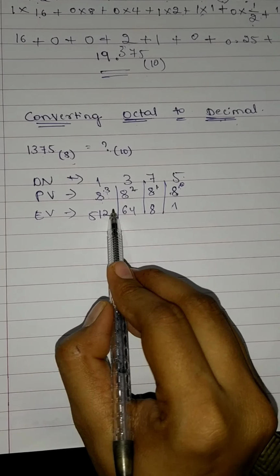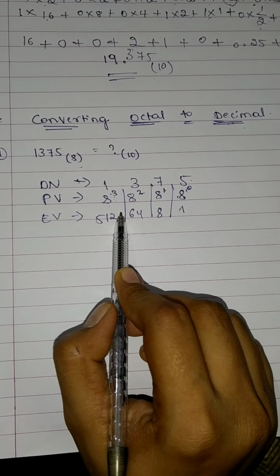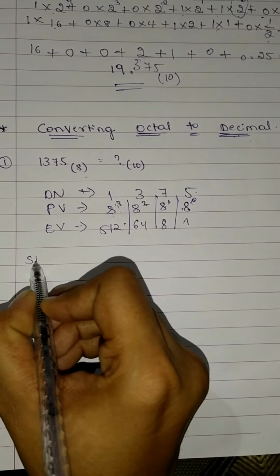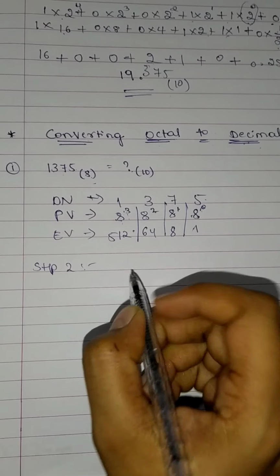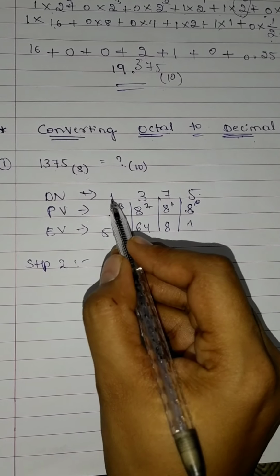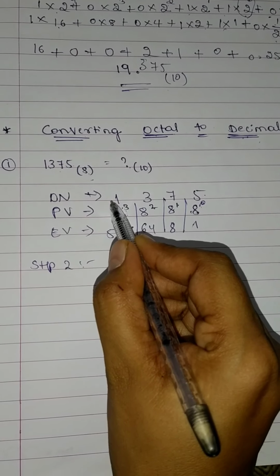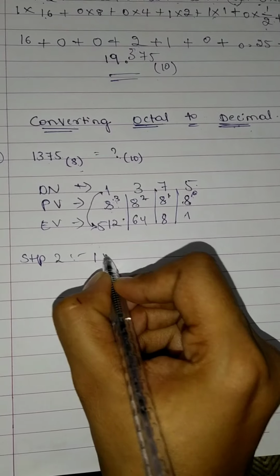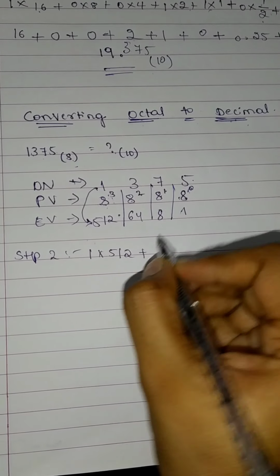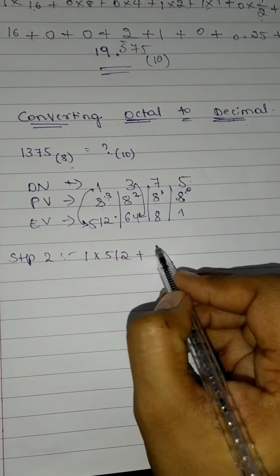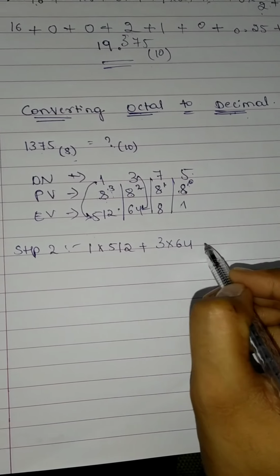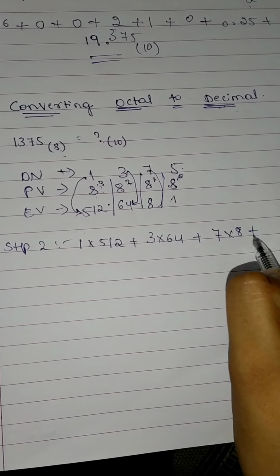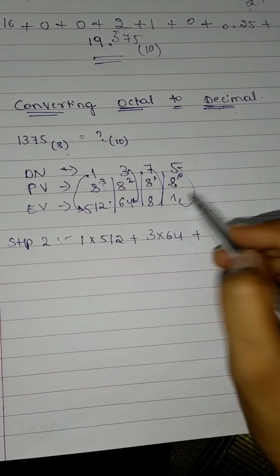Then we need to multiply the obtained value by the digit in the corresponding position. That is step 2. First we take the given octal number along with the effective value: 1 into 512 plus 3 into 64 plus 7 into 8 plus 5 into 1.